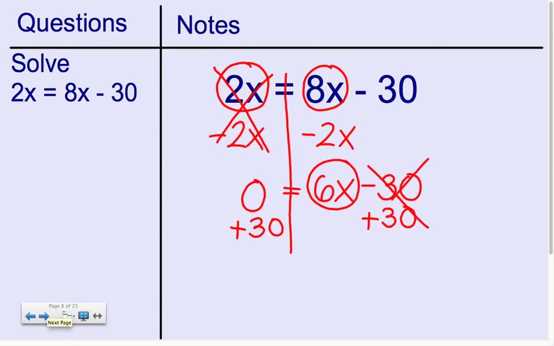These make 0. 6x equals 30. Break up my couple by dividing by 6, dividing by 6. So I'm left with x equals 5.